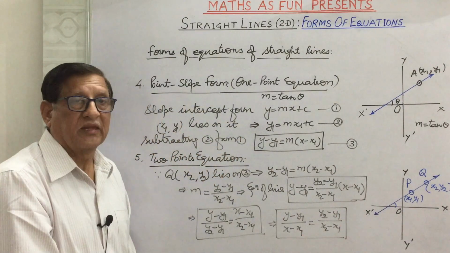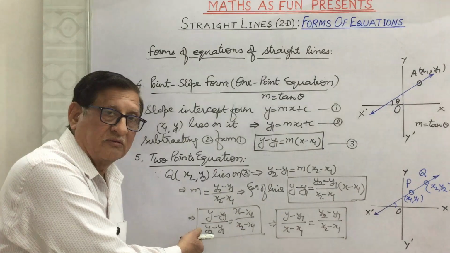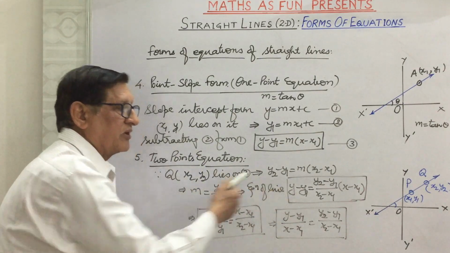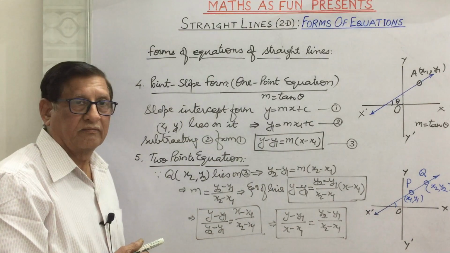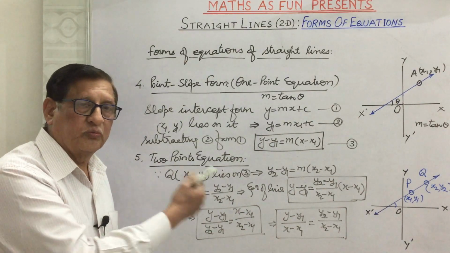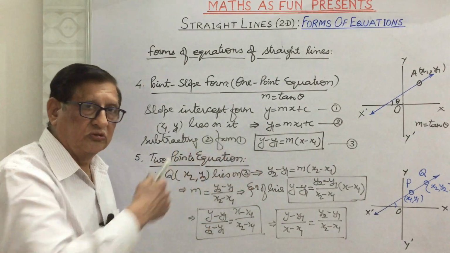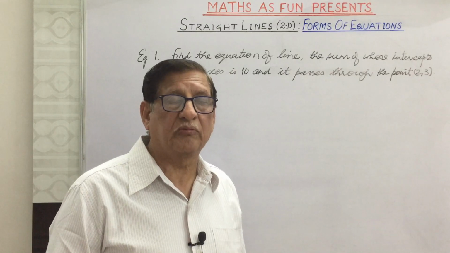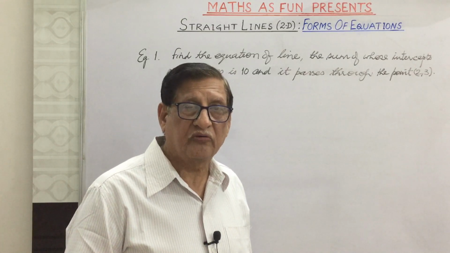Anyway, you remember this, the equation of the line is the same here. So like this we can find the equation of a line joining two points, or we can say passing through two given points.